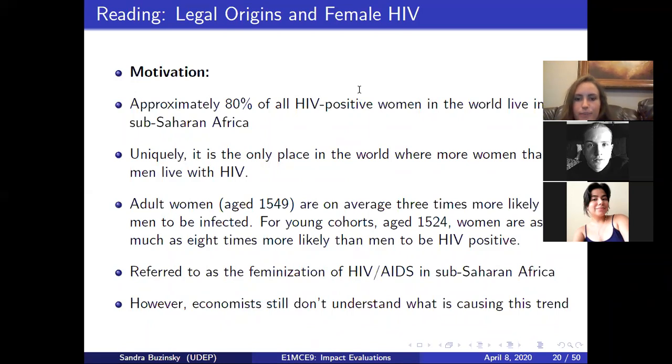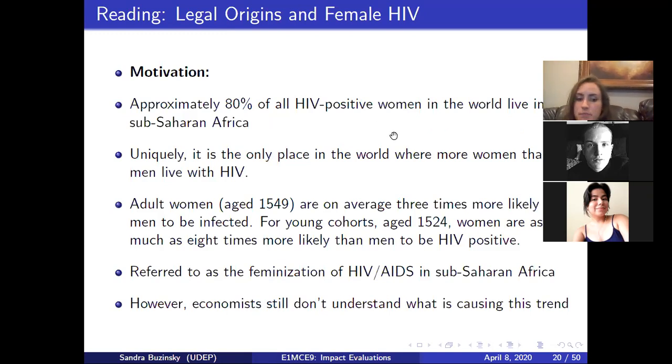For the young cohort, age 15 to 24, women are as much as 8 times more likely to be HIV positive. So you can see how this issue for women is really concentrated among the younger population, more than among all adults in general. For all adults from 15 to 49, women were only 3 times as likely as men to have HIV, but for 15 to 24-year-olds, it's 8 times as likely.